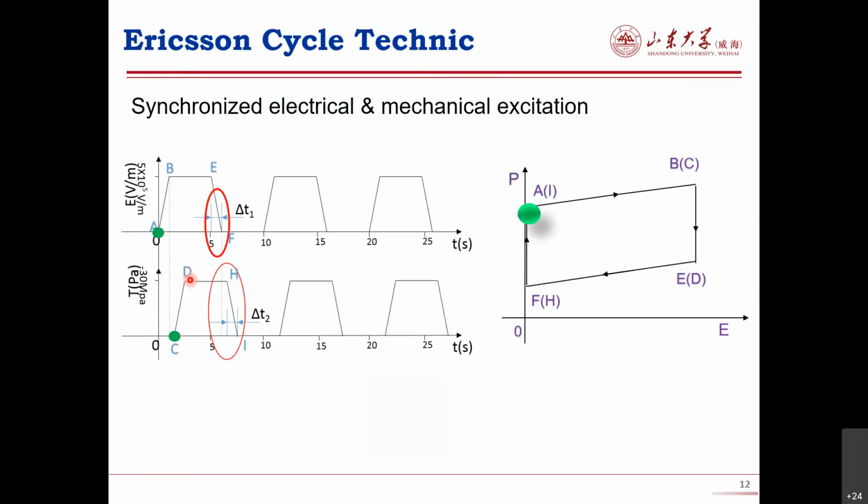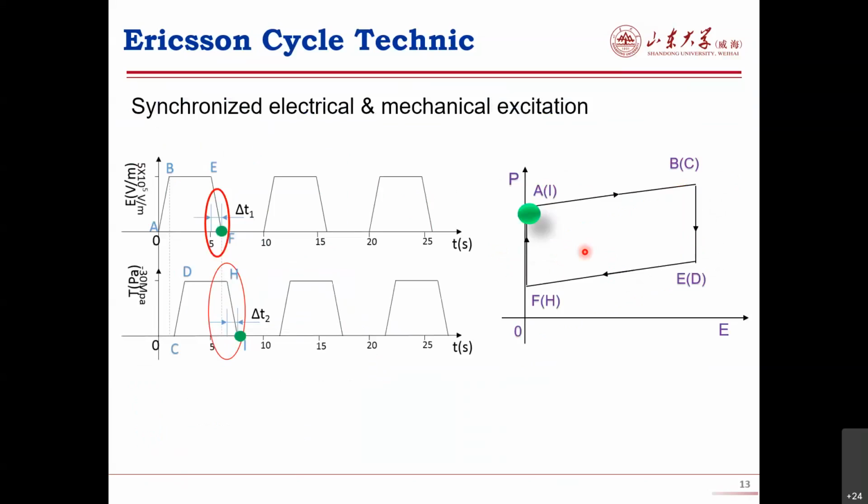And we keep the mechanical stress constant, and we decrease the electric field, and then we decrease the mechanical stress. Okay, a loop in this direction means we are harvesting energy, and this loop area represents the energy we harvest.